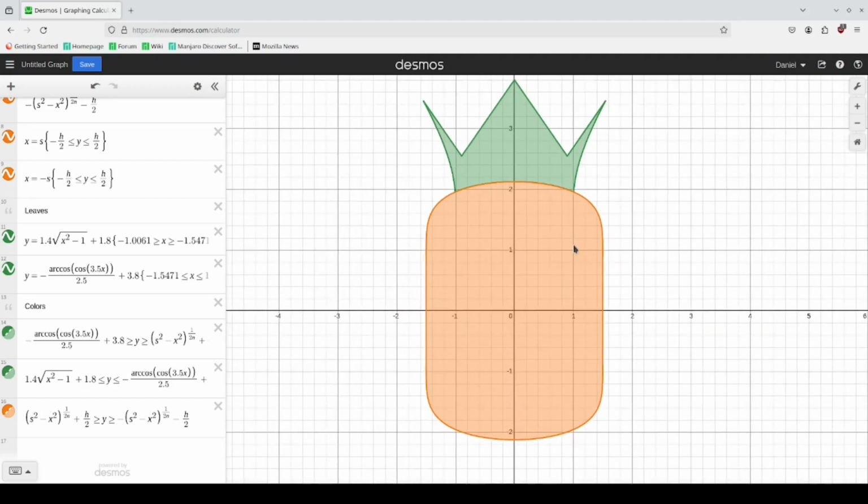So that this looks more like a pineapple, I do want to draw the crosses. And for the crosses, I'm still going to use the triangle wave, though if you wish, you can always use the straight lines.